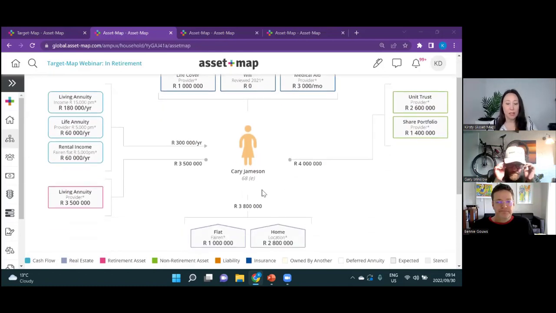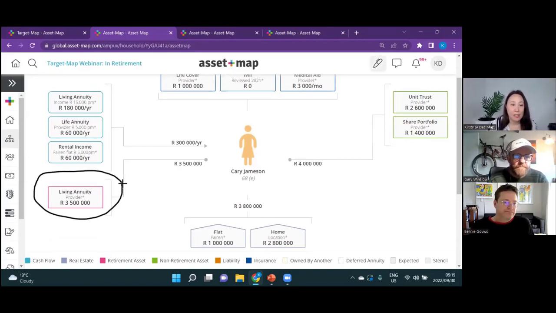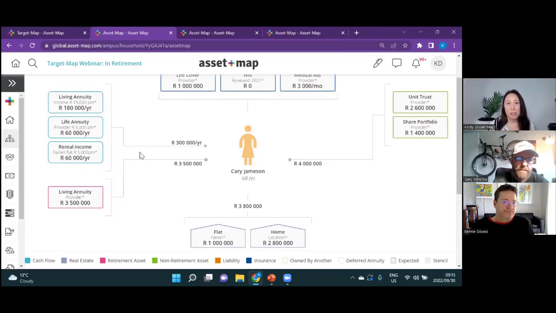Firstly, we can see she's got quite a few different income sources. If we have a look here, we can see she's got a living annuity. So here's the asset, and she's drawing an income from that living annuity of 15,000 Rand per month. She's also got a life annuity and rental income. So we know the difference between a living annuity and life annuity.